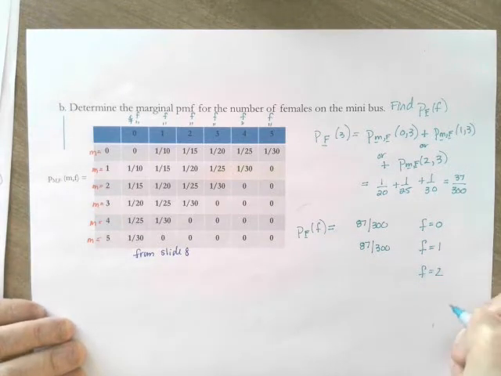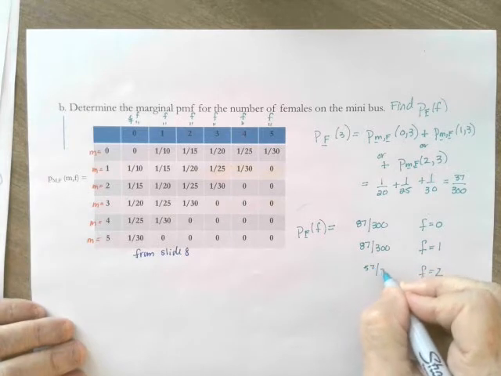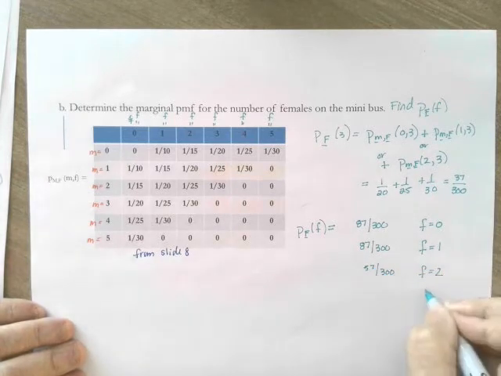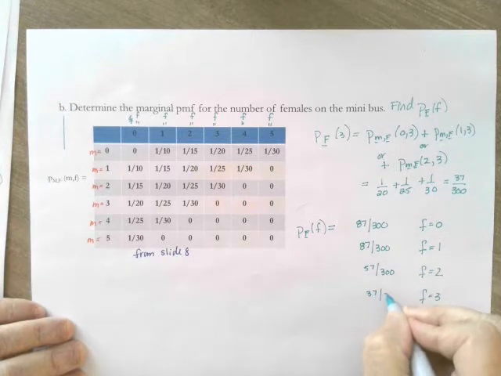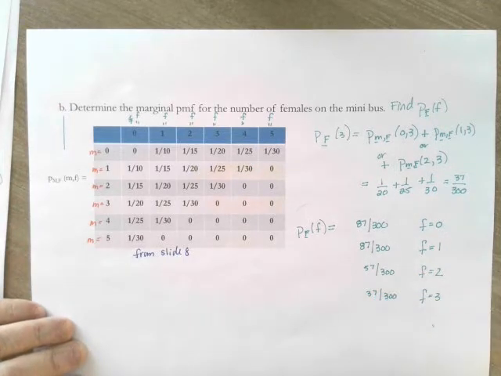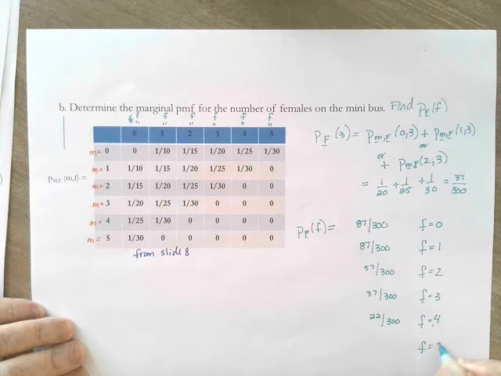For 2, that will work out to be 57 over 300. For F is 3, that's the one we just did, that's 37 over 300, a lot of 7s in here. For F is 4, we get 22 out of 300. And then finally, for F is 5, we get 10 out of 300.